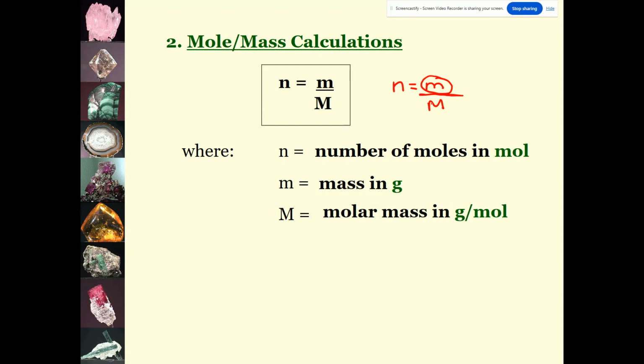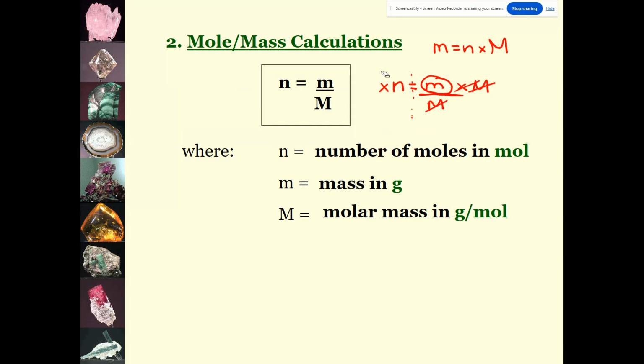So I have to do the opposite to get rid of it. So if it's being divided, the opposite is to multiply. And what I do on one side of the equal sign, I have to do on the other side. Okay, so now my molar mass here can cancel, and I'm left with mass equals moles times molar mass. Okay, so if we're rearranging to solve for mass, it's moles times molar mass.